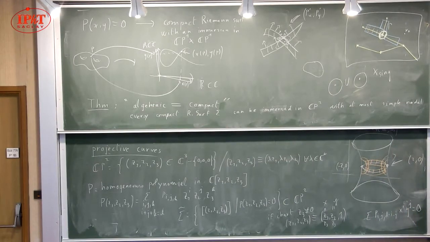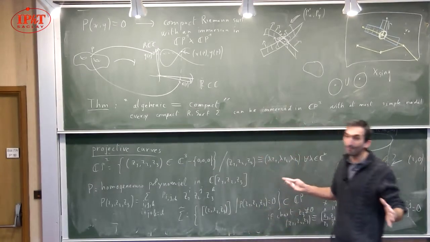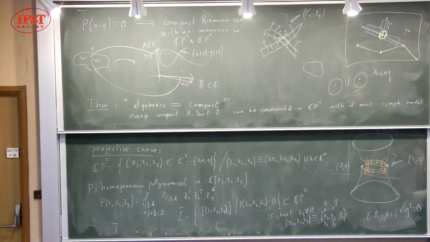So it's not always possible to find an embedding in CP2, but you can always choose your polynomial such that the worst thing that can happen is simple nodal points. That means p prime y and p prime x vanish, but the second derivative matrix does not vanish.